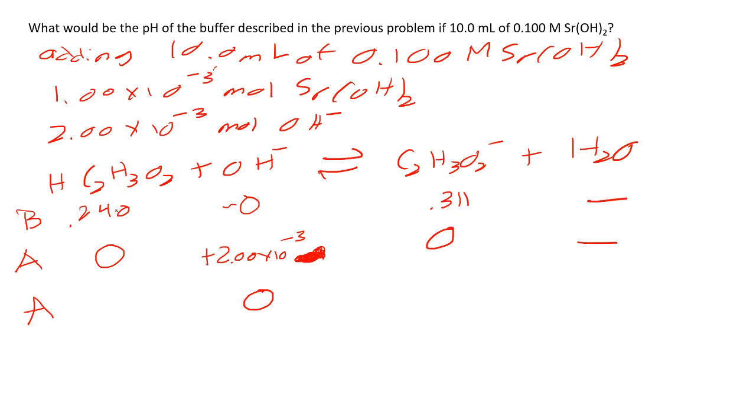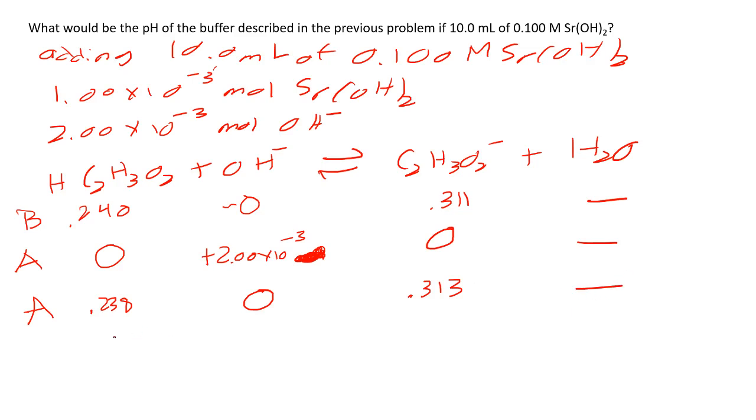So our 0.240 is going to decrease by the same amount because it's a one-to-one relationship. So we're now going to have 0.238 moles of acetic acid after we added this hydroxide. On the other side, we're going to have 0.313 moles here, since every time we lose an acetic acid, we gain an acetate ion. And we're not worried about the water.